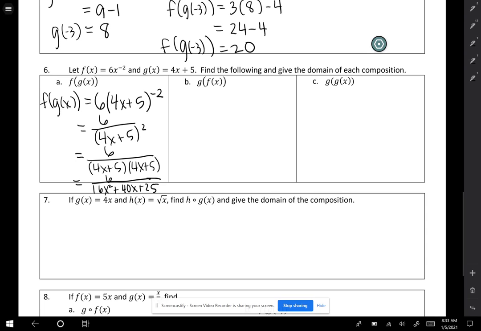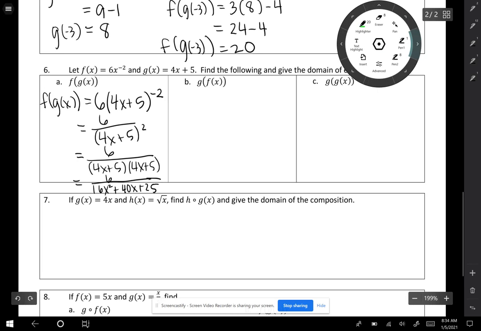So now we need to find the domain. Looking at the bottom, we're trying to think of what x can't be. When you're doing this with a quadratic like this, it's easiest to figure out what the domain can't be by looking at the factored version.